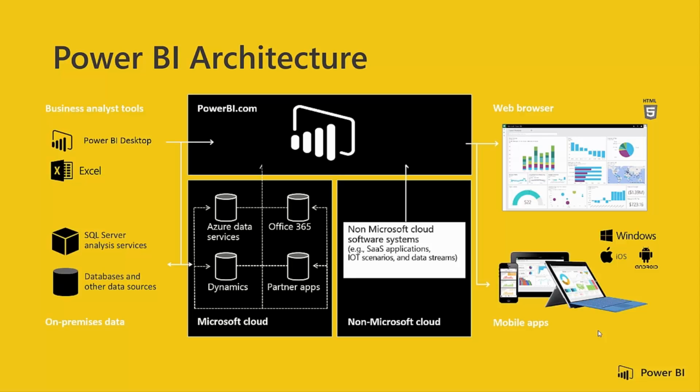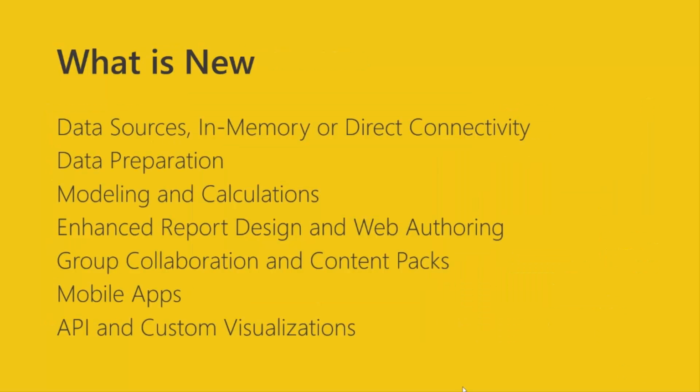And then we have the different rendering capabilities within modern browsers. Note that it's not just Internet Explorer. We work with Safari, Firefox, Google Chrome, all the modern browsers because we are an HTML5 application. Friendly, responsive, and modern. And then of course we have the mobile apps. I've mentioned them a few times already.